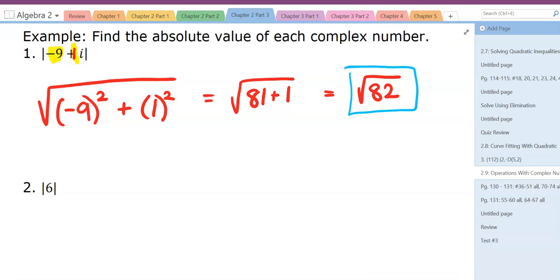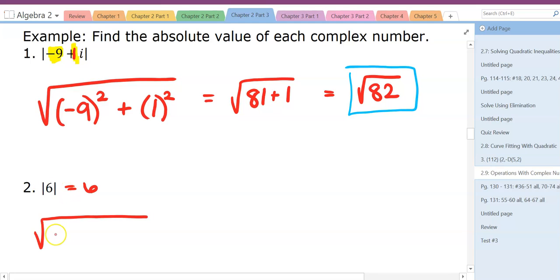For number 2, they just have the absolute value of 6. There's no imaginary number piece to it. Now, we probably know the absolute value of 6 is going to be 6, because you were taught a long time ago that whatever number is inside the absolute value just comes out as is. Now, if you actually followed what we did up here, you're going to get the same answer.